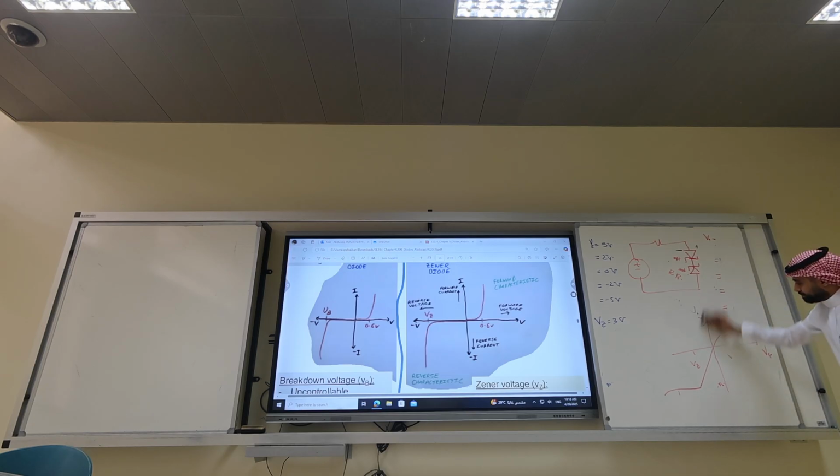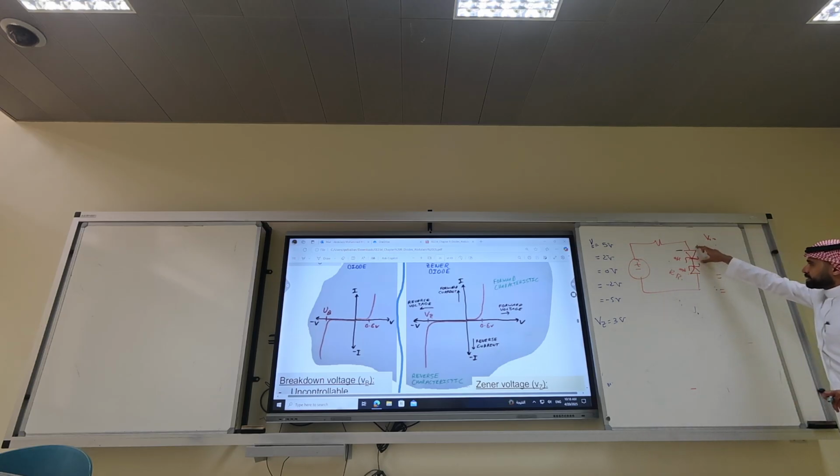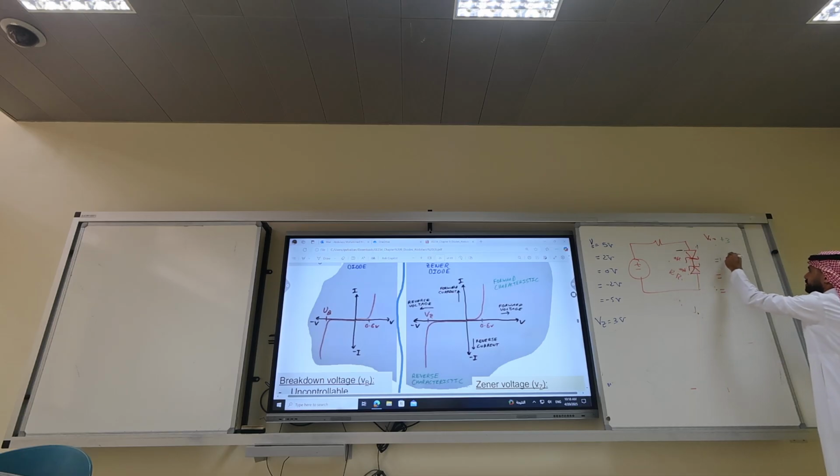Let's do it again. If I apply 5 volts, this will be on, short circuit. This will experience -5. So what will be the output voltage? 3. This will be short circuit. This will be +3. If I apply 2, no, I reversed it, +2.